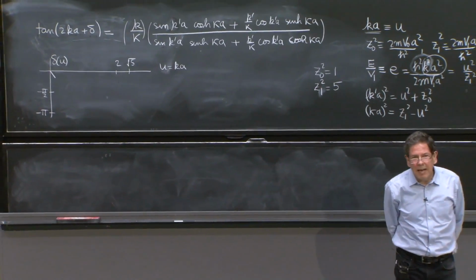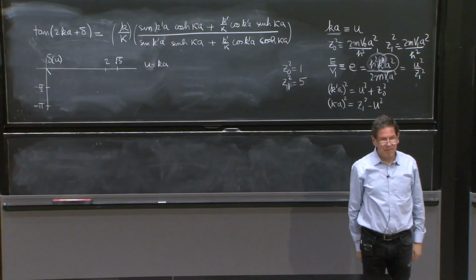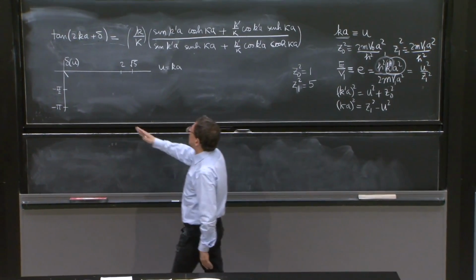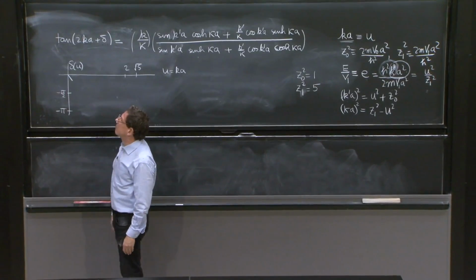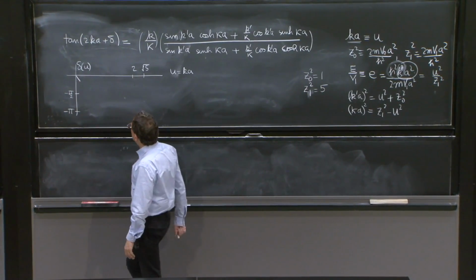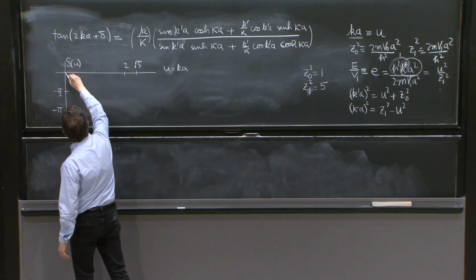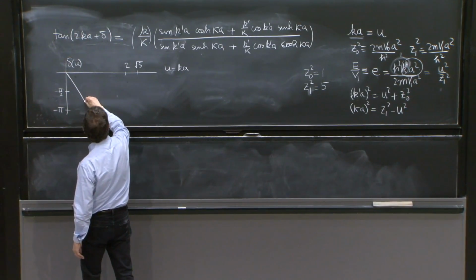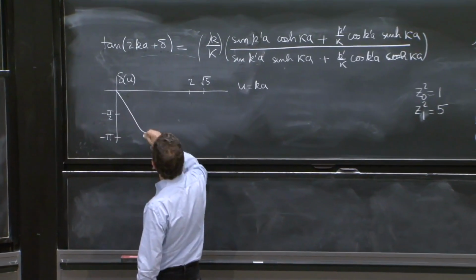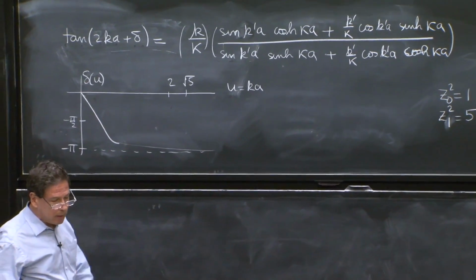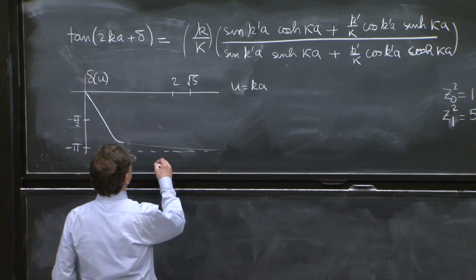Because for very little energy, it's going to bounce back. And you know that the delay is proportional to this derivative. So it must be negative like that. So then what does it do? It crosses this point, reaches almost minus pi, and here is where something quite remarkable happens.